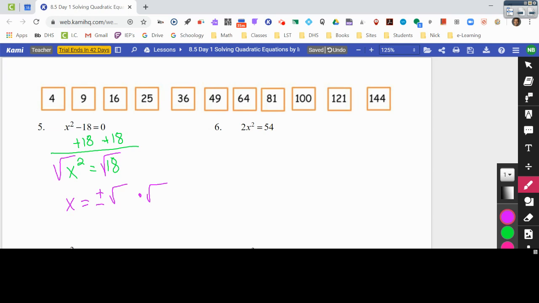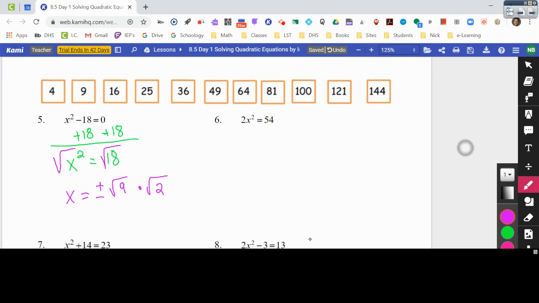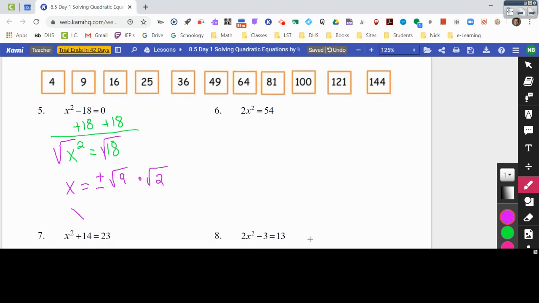So the square root of 18, I'm going to break up into the square root of 9 times the square root of 2. And now I'm ready to finish simplifying this radical expression here. So I say x is equal to plus or minus 3 rad 2.